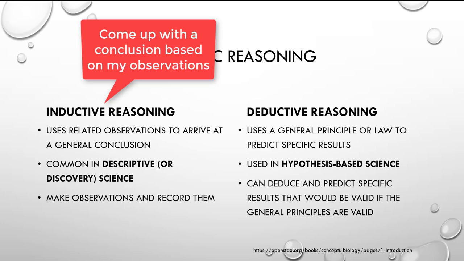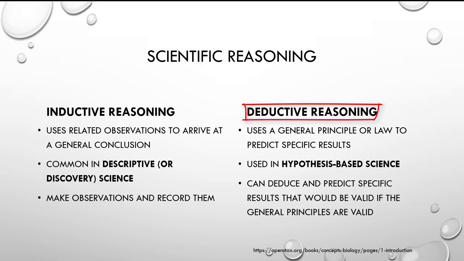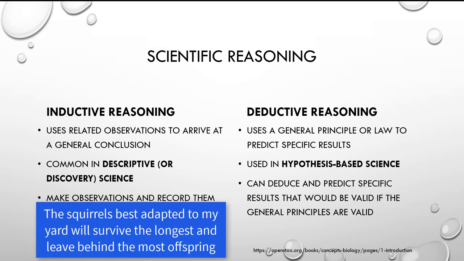The other type of reasoning is called deductive reasoning. This uses a general principle or law to predict specific results. In this case, let's say I take the conclusion I drew from my inductive reasoning: the squirrels that are best adapted to my backyard will survive and mate and be able to pass on their traits to the next generation.